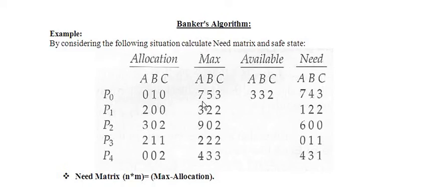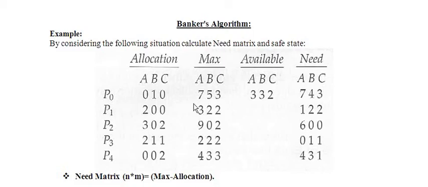Allocation, max and available. Allocation means P0 has been allocated these many instances of the resources. Maximum is what is available with the particular resource. So P2's maximum is 9 instances of A, 0 of B, and a maximum of 2 of resource C. I hope it is clear now.